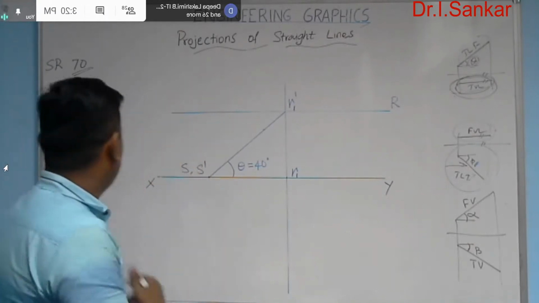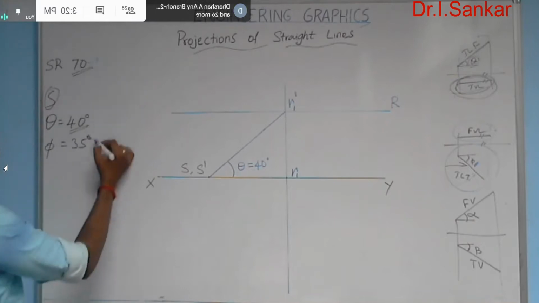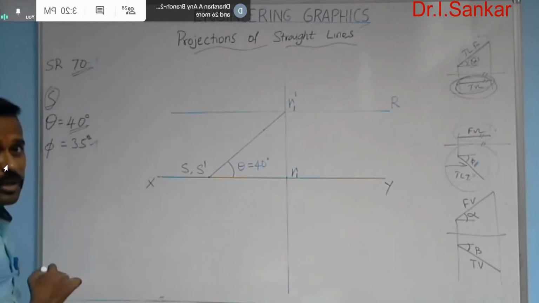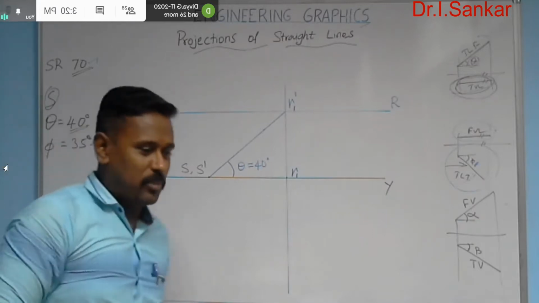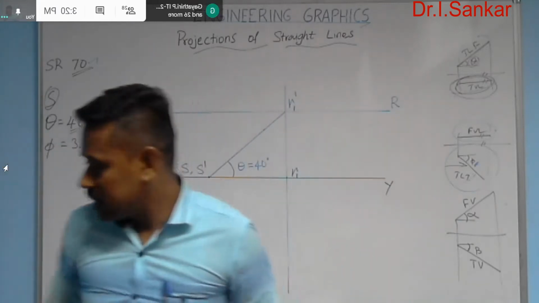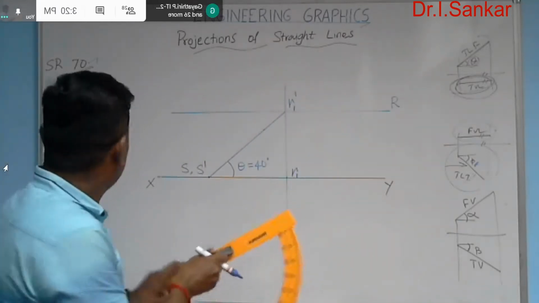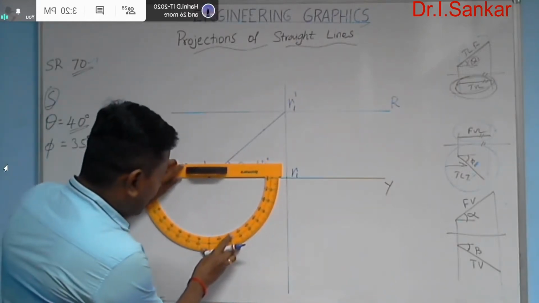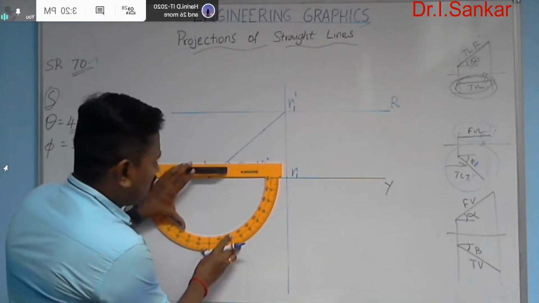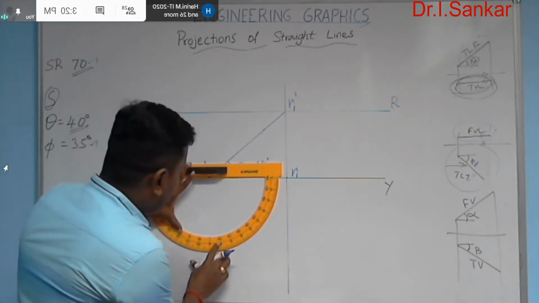Next, you can use the true length and a true inclination with VP. That is 70 mm length, 35 degree inclination to VP. First mark this. Make S dash as origin. From this you can measure 35 degree.